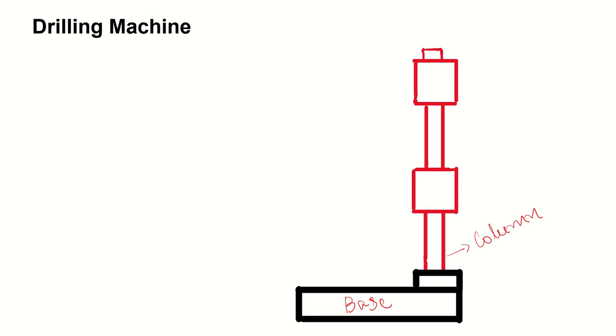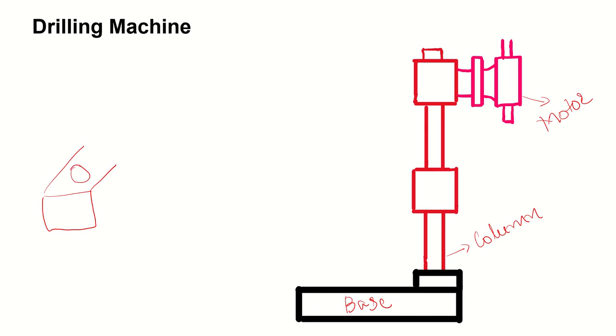So like a lathe or milling machine, a drilling machine consists of a base, and above the base there will be a column, and to the column is attached a motor. The function of the motor is to make the tool rotate, because to make a hole in a workpiece, suppose this is the workpiece, and we need to make a hole in this particular location like this.